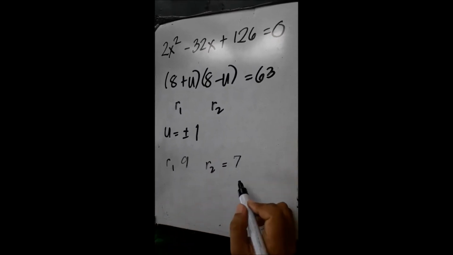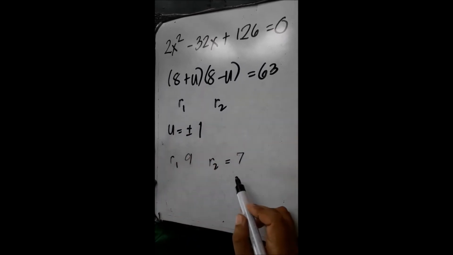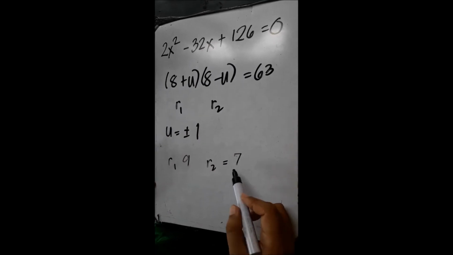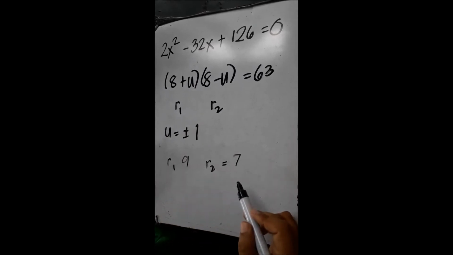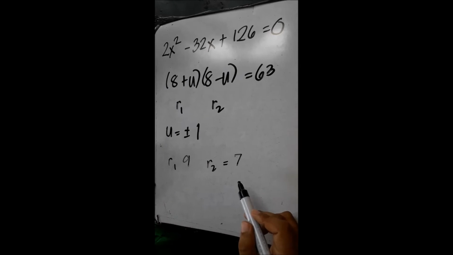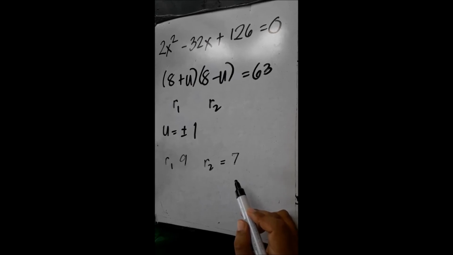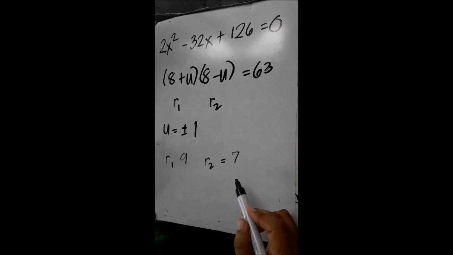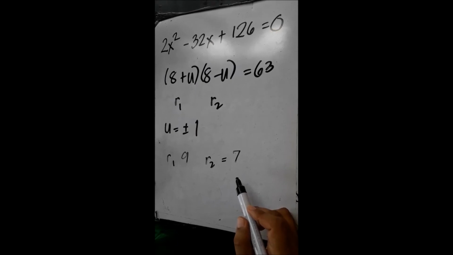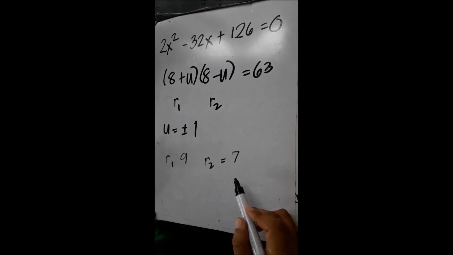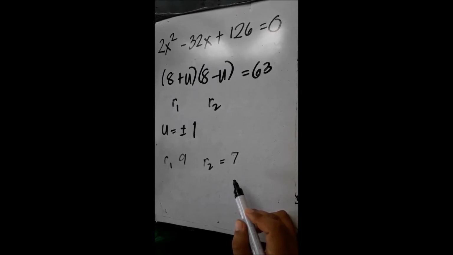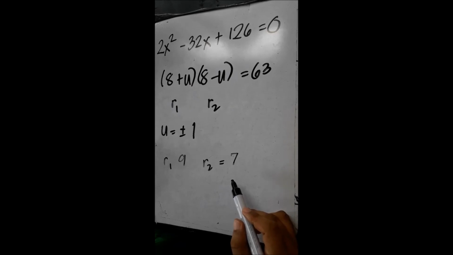So these are the two roots, and this is the proof of this method by Professor Pushenlo of Carnegie Mellon University. So with this, I hope you learned something from this video. This is actually an easier, quick way to find the roots or the zeros of a quadratic equation using the method by Professor Pushenlo.